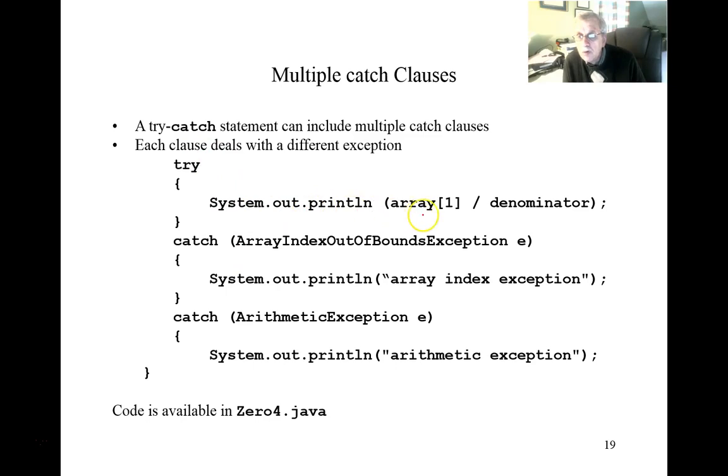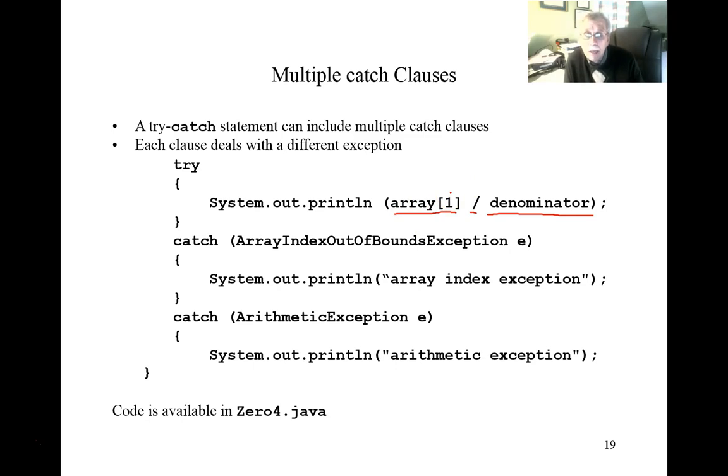says we're going to try to access an array element and then divide that value by some other value. So there are two possible things that could go wrong here. We're trying to access an element within the array, and the element within the array might not exist.